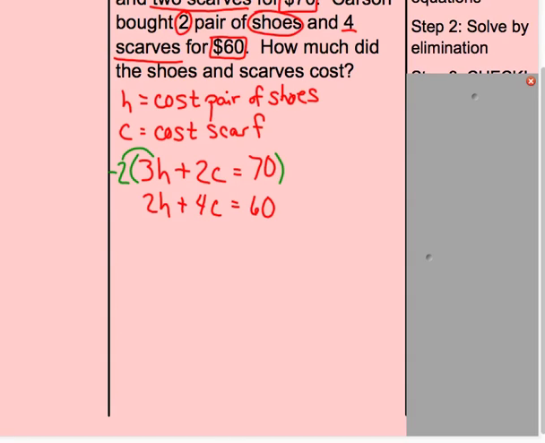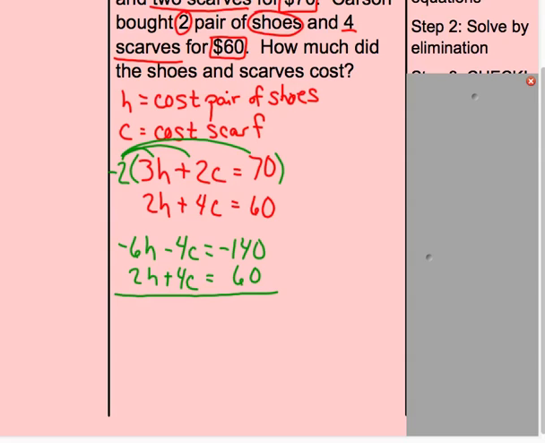I will get negative 6H minus 4C equals negative 140. If you're scared because of some of these big numbers, just think 7 times 2 and add the 0 on the end. Our second equation we're going to leave because now our scarves will cancel.